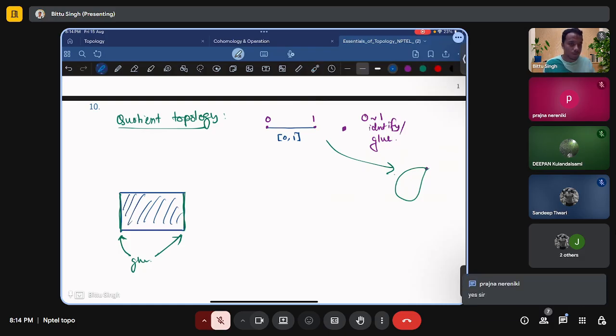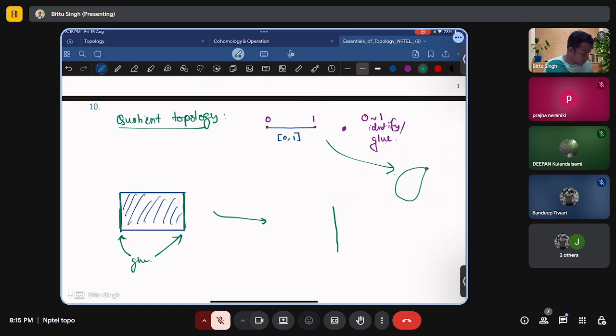So okay, great. If we identify, then that becomes something like this. There is something here and it will be something like this. Is it clear that this becomes some cylindrical shape?